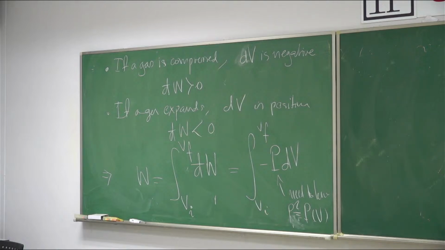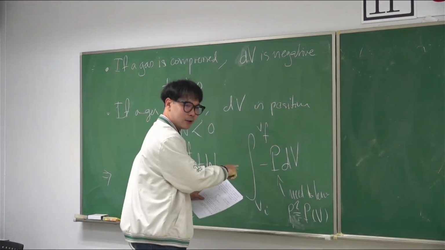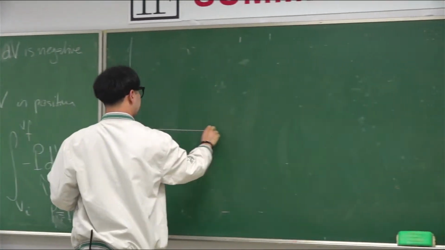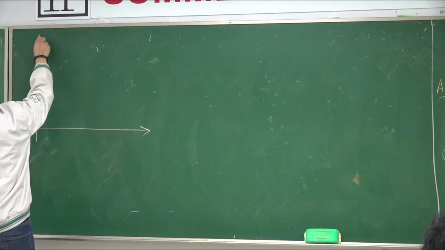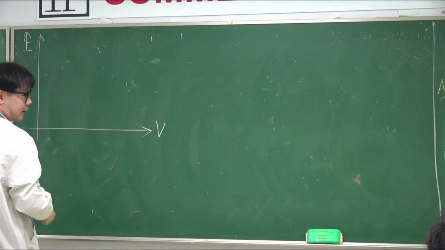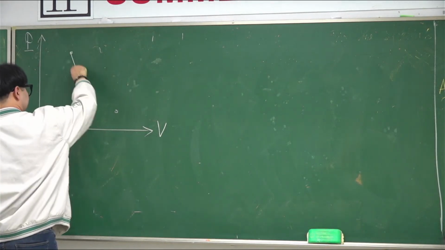You can see that in general, this P is not necessarily constant during the process. So what you get, you may be familiar with this PV diagram, right? So you may have this path.